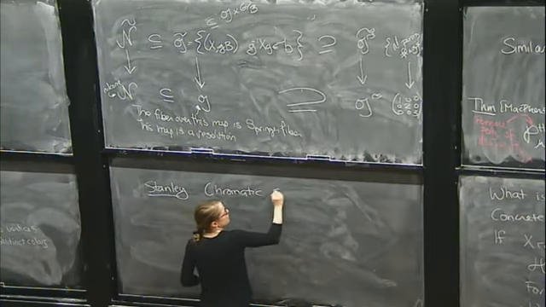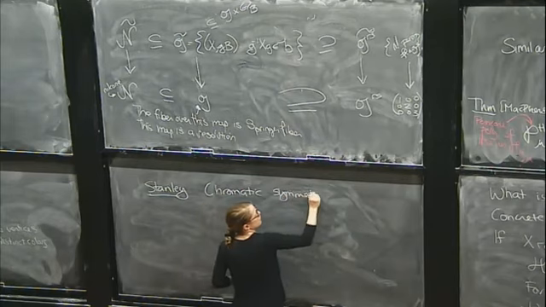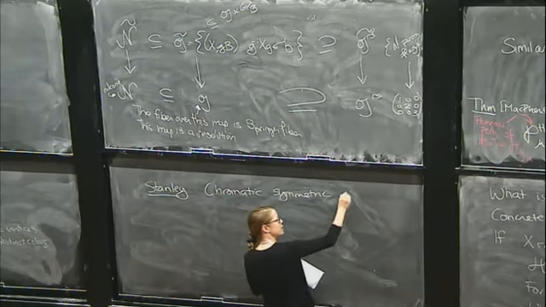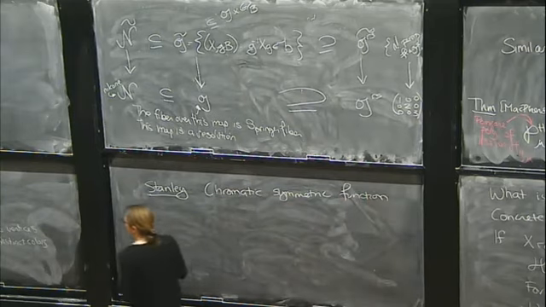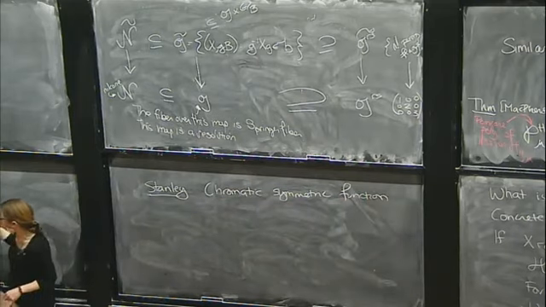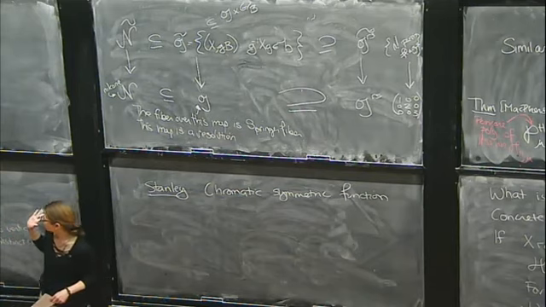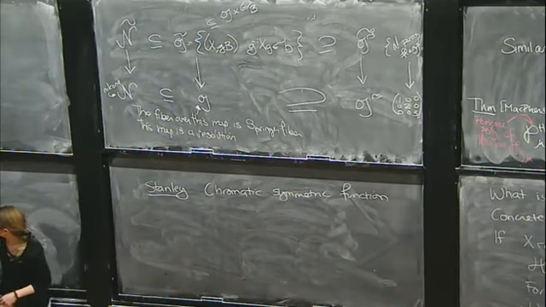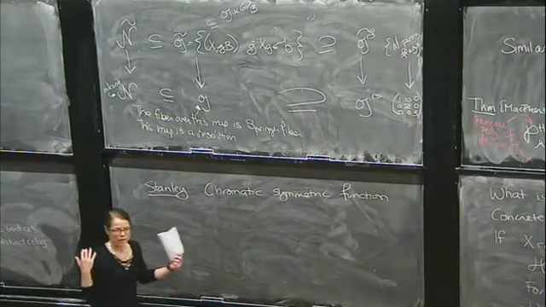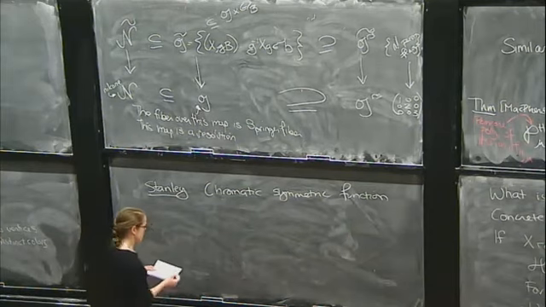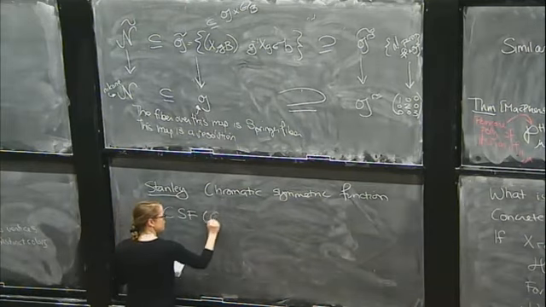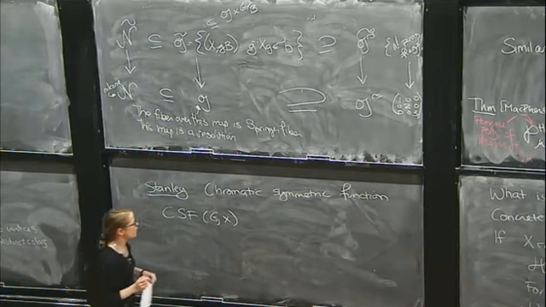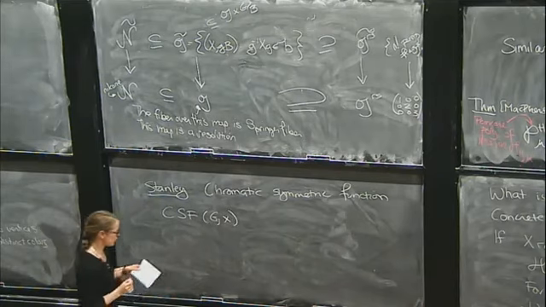defined the chromatic symmetric function. What he was really after was, for a given graph, encoding information about all possible graph colorings all at the same time. That's what this chromatic symmetric function is going to do.